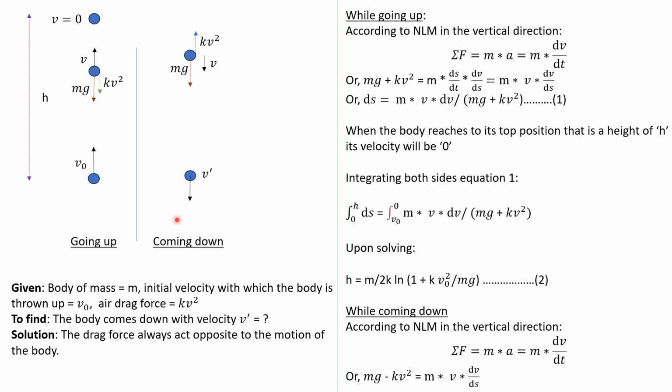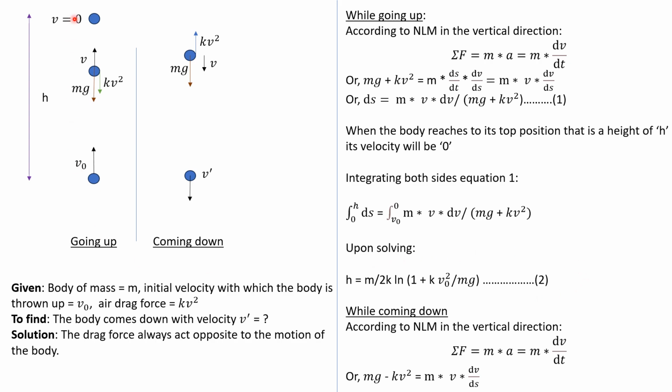On the other side, at s equal to 0, the velocity of the body was v naught, by which it was thrown up. And when it ascended to height h, its velocity is 0. Upon solving, we get h equals m by 2k ln of 1 plus k v naught square divided by mg.